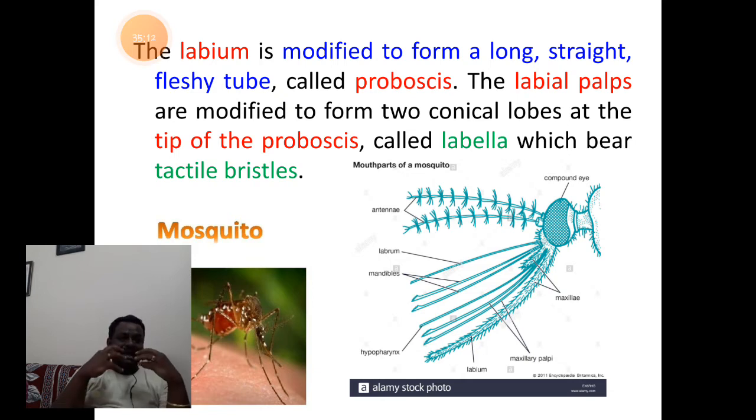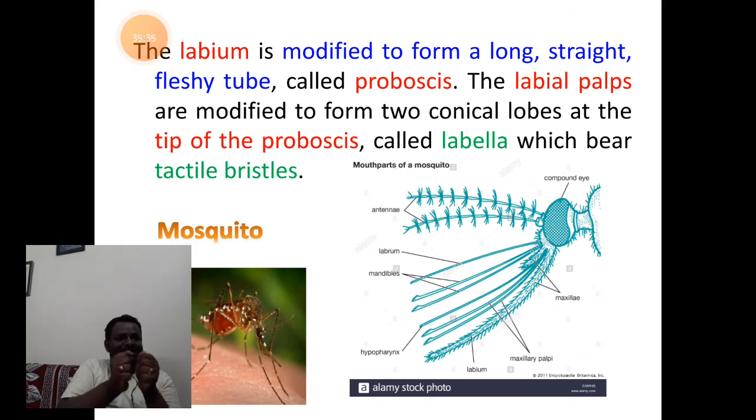Then comes the labial palps. They are modified conical lobes attached to the tip of the proboscis. When you look at the proboscis at its tip, you have two modified conical shaped lobes attached to the proboscis. They are also called labella.